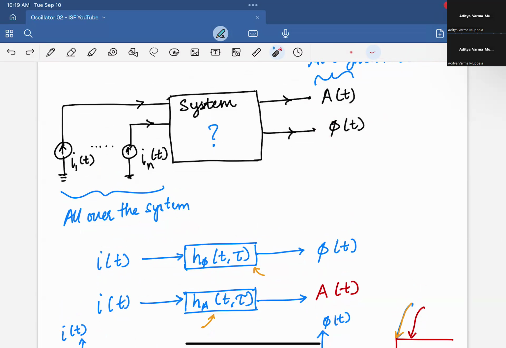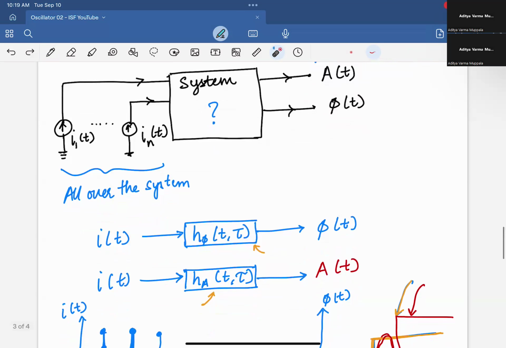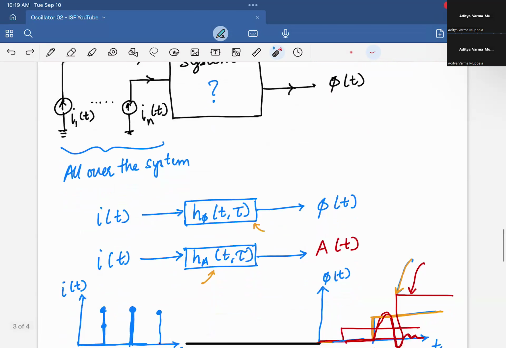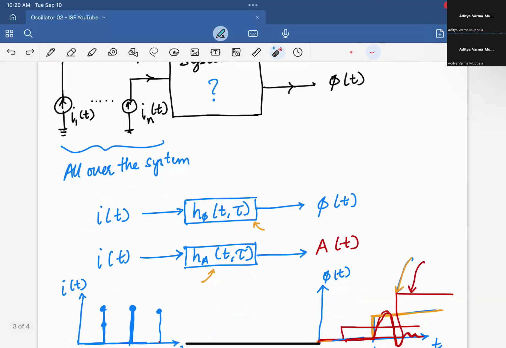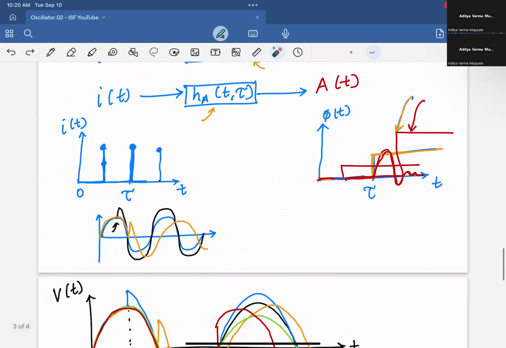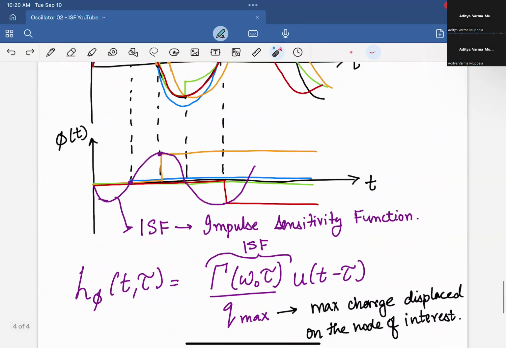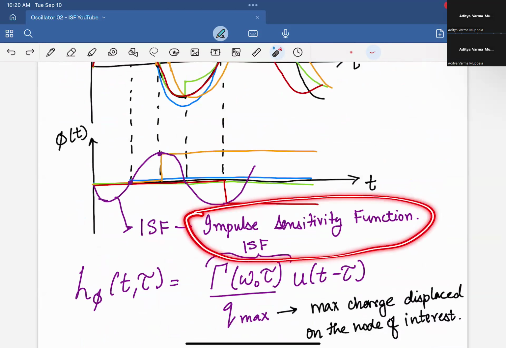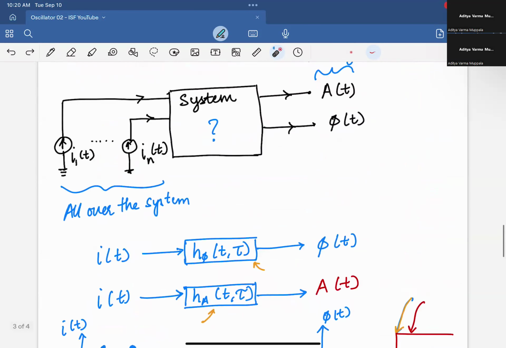And we said the response of this phase function is a unit step function, and it depends on when the impulse comes in. So it's a time varying system, and how much phase shift occurs based on when the impulse hits is characterized by this impulse sensitivity function. So that's essentially the model that we've created for this system.